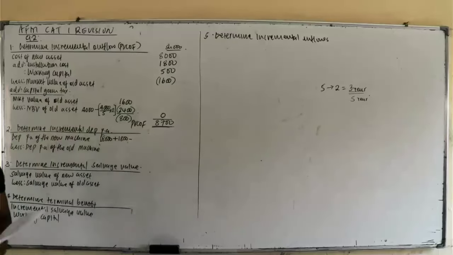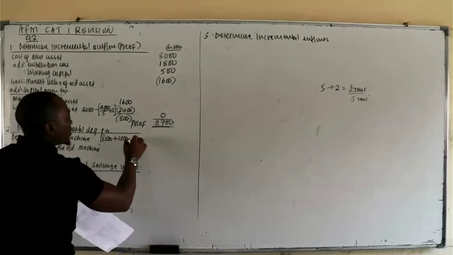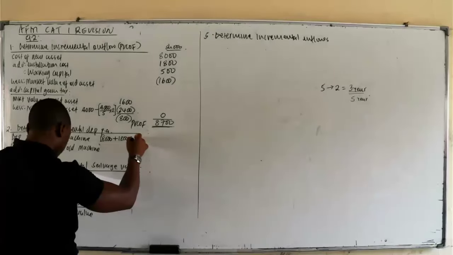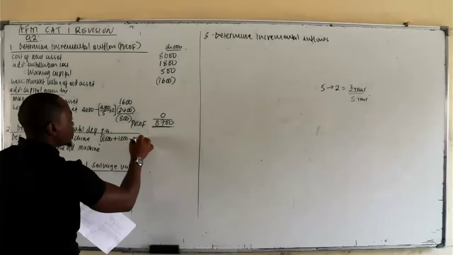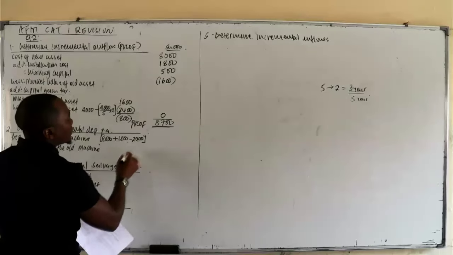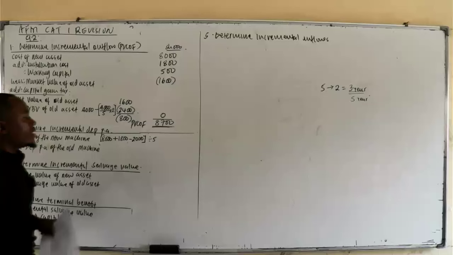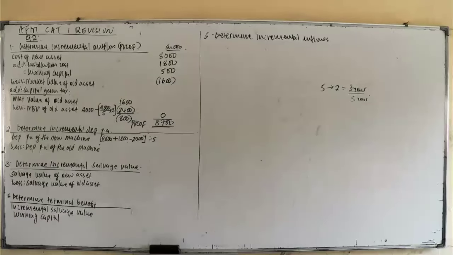But the machine will not depreciate fully. It will have a salvage value. How much is the salvage value? 2 million, so that you get the depreciable amount. Once you get the depreciable amount, you depreciate for the next 5 years. So how much is that?